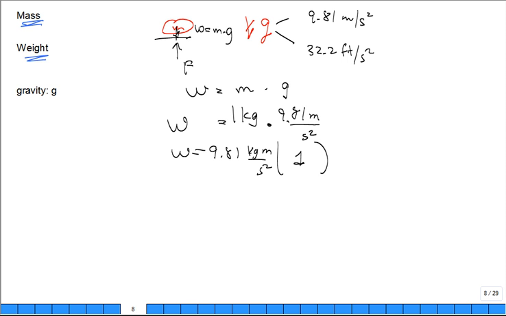I want to use that a Newton is defined as 1 kilogram meter per second squared, which I can rearrange to be either 1 is equal to a Newton times a second squared over kilogram meter, or it's also kilogram meter divided by Newton second squared. Professor, you're confusing me.